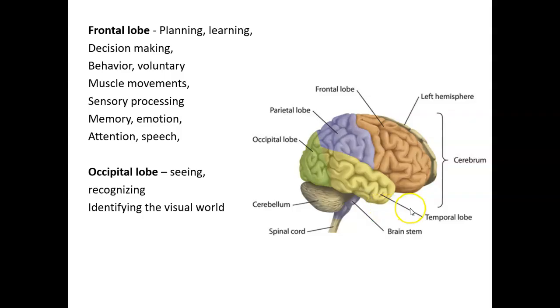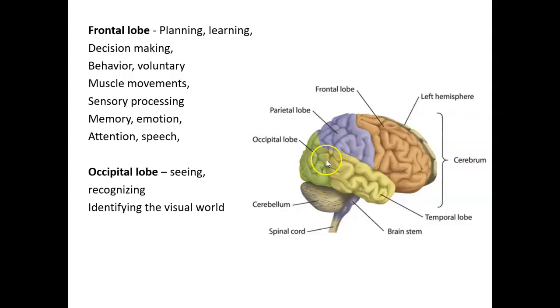We have nerves coming out of the back of our eyes, and sensory information about light and dark and color gets transferred to the occipital lobe, which interprets that as, oh, that's a box, that's a flower, that's a fish, whatever you're looking at. Our occipital lobe processes visual information.